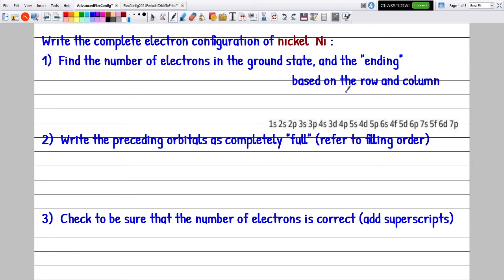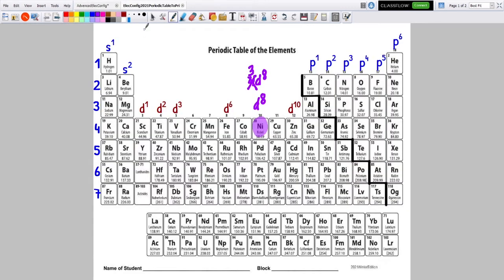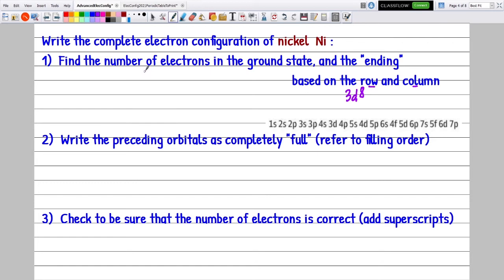Nickel will be 3d8 based on the row and column. Remember, even though it's the 4th row, because it's d, you have to put one less as the energy level. So it's 3d8. And the number of electrons is 28 for nickel.